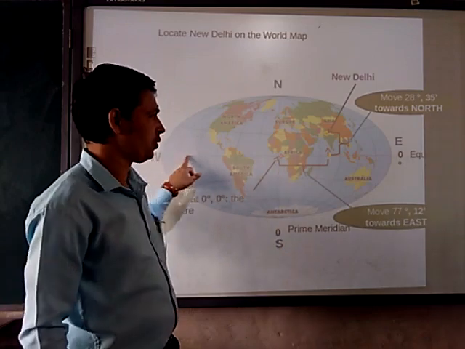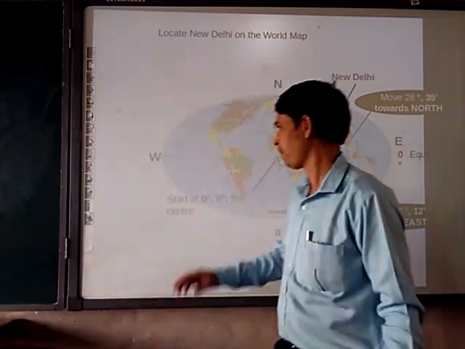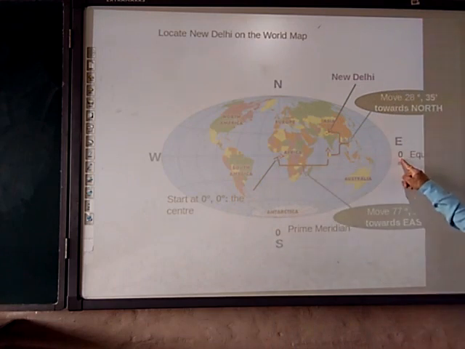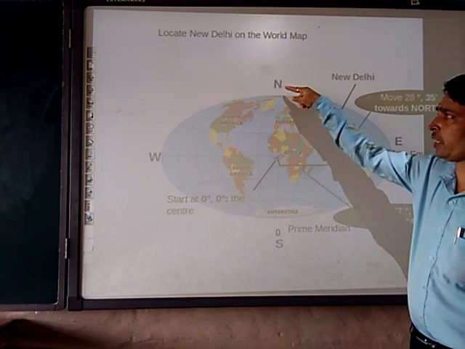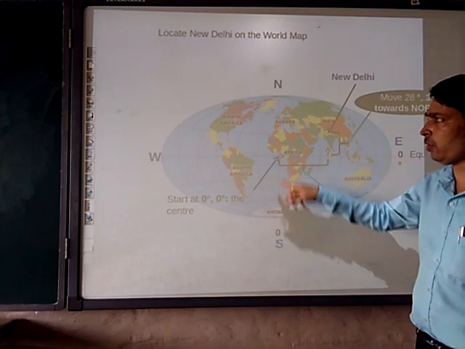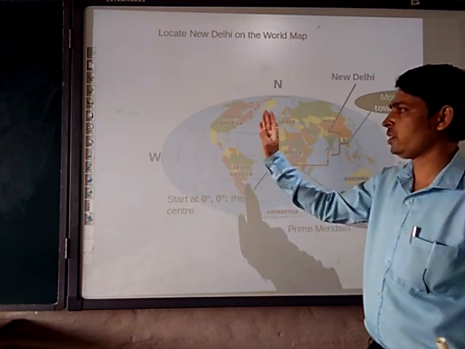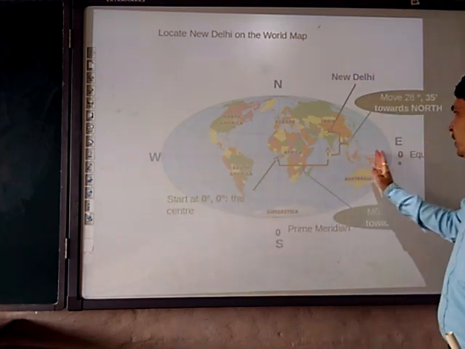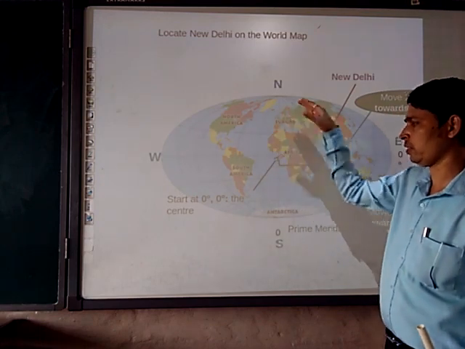First we are seeing this 0 degree, that's the equator, it's here. So these are latitudes, and the lines which run from north to south are longitudes, right? The lines running from west to eastward are called latitudes, they are parallel in nature, right?